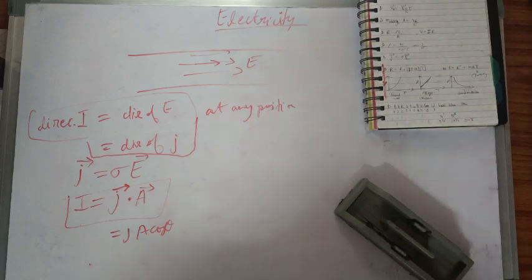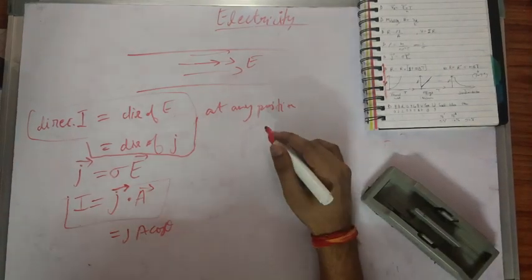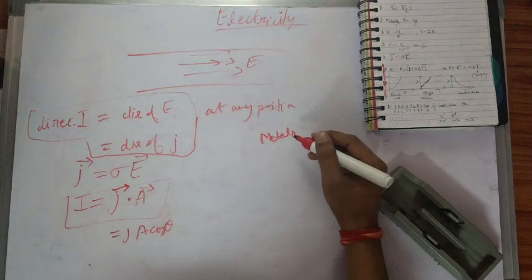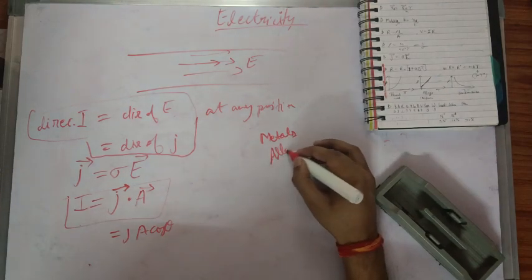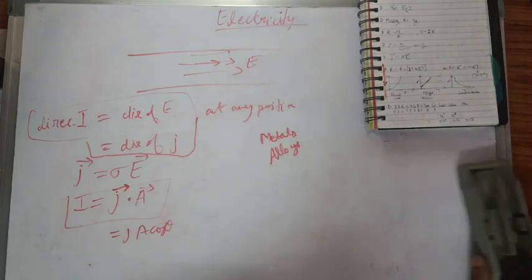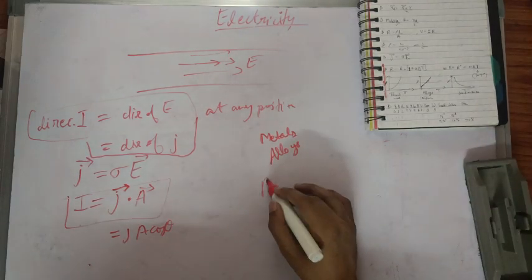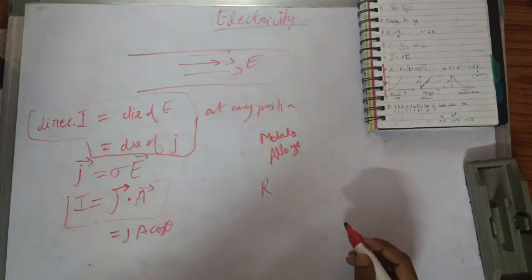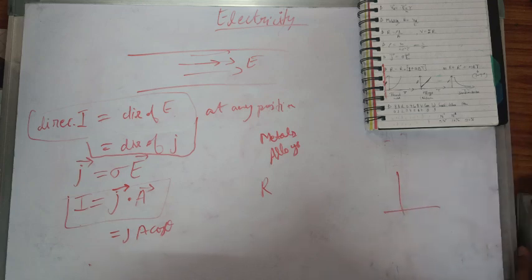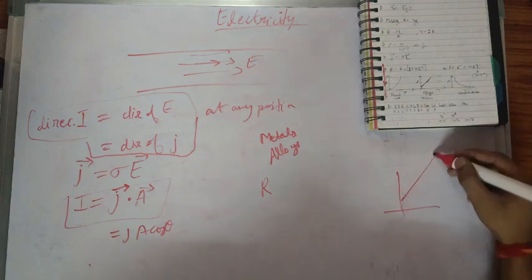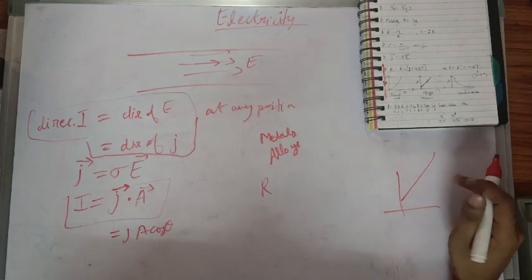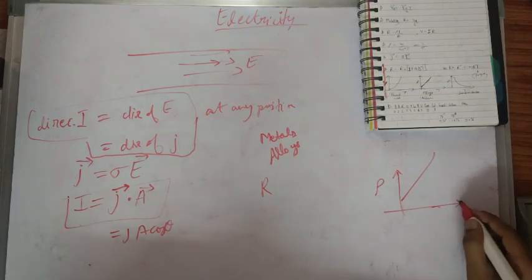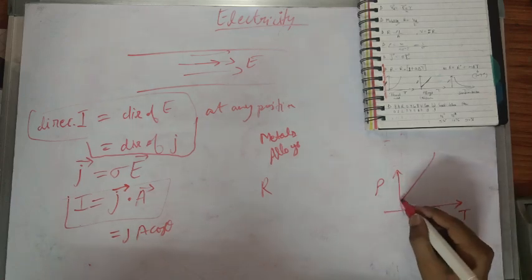Now moving ahead, R is equal to... in case of metals or some alloys, we see that the resistance is variable with temperature. In case of some alloys, not all, the resistivity of the material increases with temperature linearly.